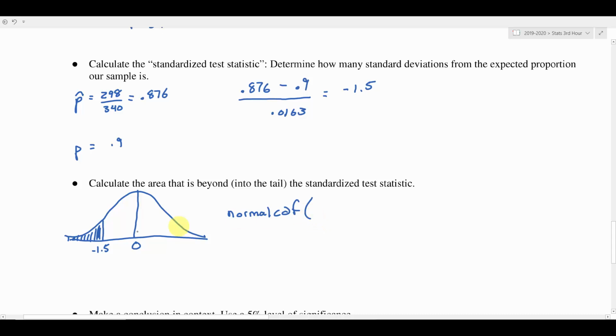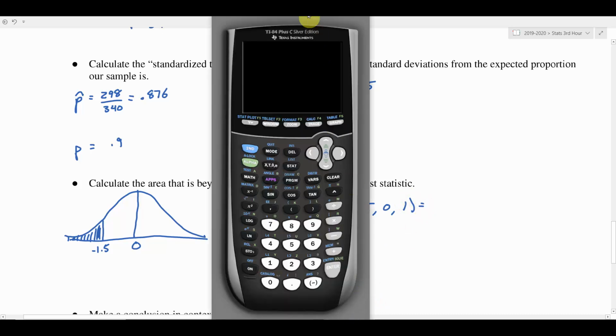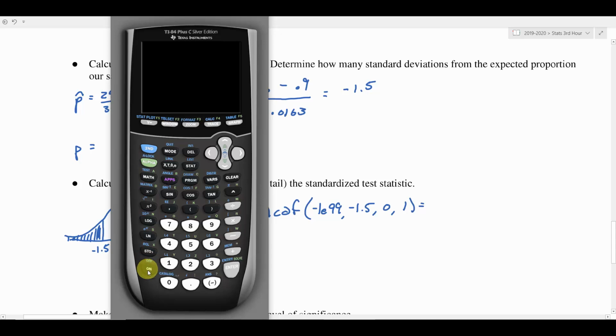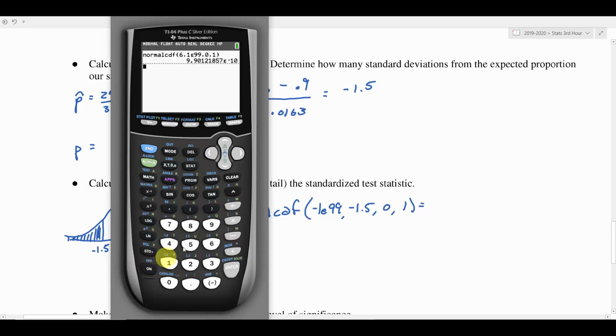Our left bound, right, it goes off to the left to negative infinity, so we're going to say negative 1e99. Our right bound is negative 1.501. Let's run that in our calculator real quick. Okay, so I'm going to go to 2nd Vars. Normal CDF is option 2.